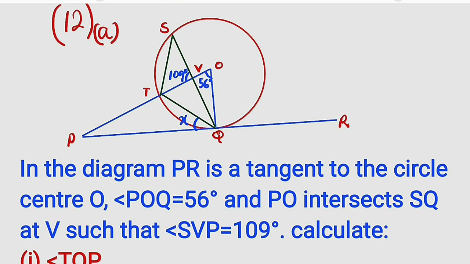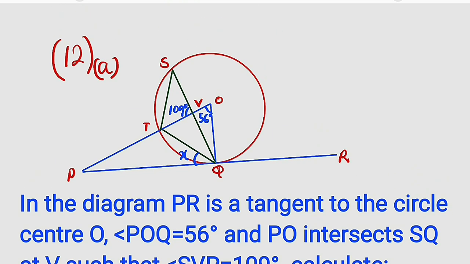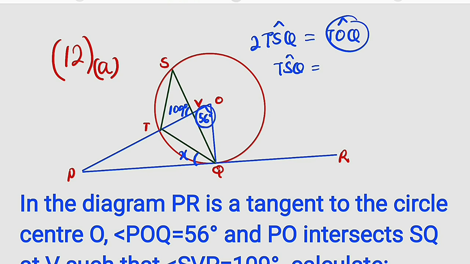So let me write it here. Angle TSQ, which is the angle subtended at the circumference, is half, or let me say, twice it equals the angle subtended at the center, which is TOQ. All of these are angles, remember. So TSQ is equal to this divided by 2, but we have seen that this is 56, right?